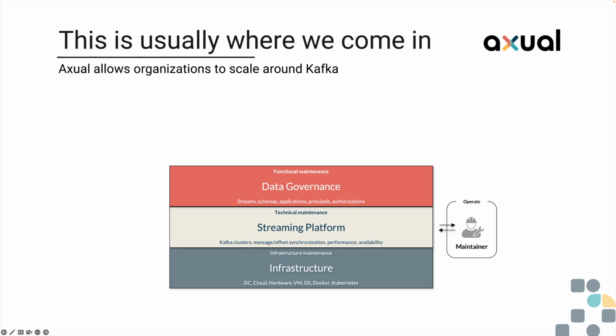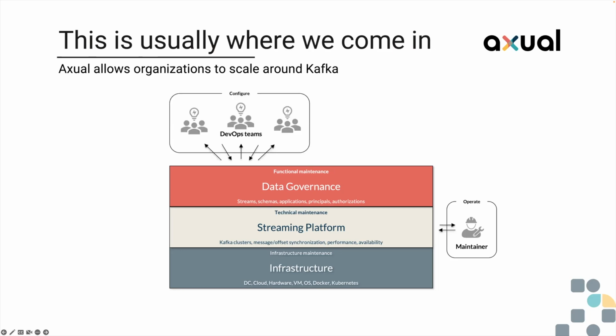But not somebody that is involved with data definitions, because that is completely shifted to individual teams that log into a data governance layer. Through self-service, they can functionally maintain the platform. So, for instance, if you have the role of data owner, you would be able to log in and define a topic, and you can then attach a data format, which in Kafka terminology would be a schema, to your individual topic.